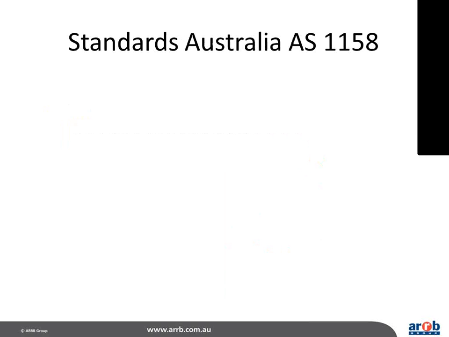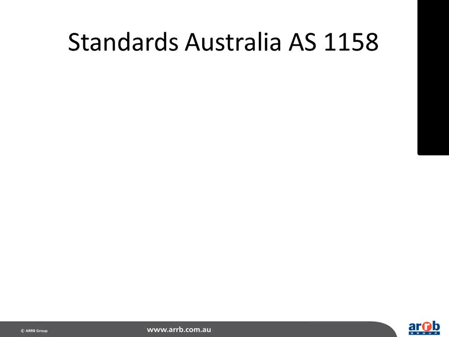And these terms come from the Australian standard. When we were doing research for this project, we didn't want to come up with new terms or new concepts. We wanted to use what practitioners are already familiar with.